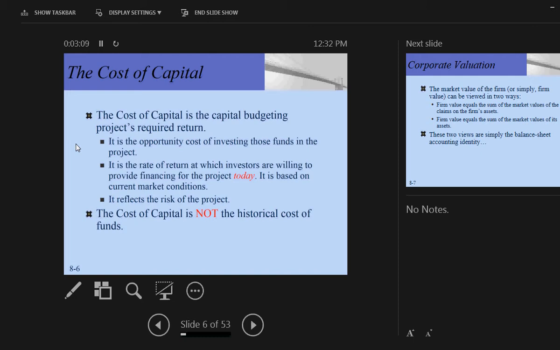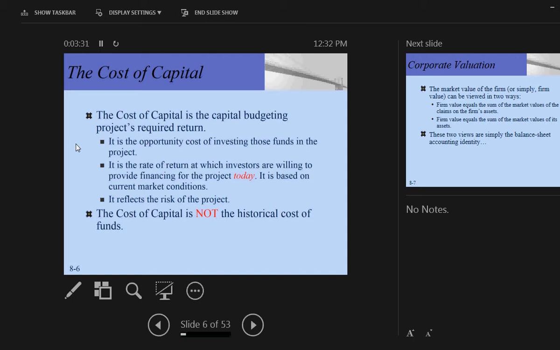The important thing is that decision is being made today. So the cost of capital that we're talking about is what investors perceive as the opportunity cost of that particular project today, not in the future. All right, and it should obviously reflect the risk of the project as well. This basically tells us the cost of capital is not the historical cost of funds.